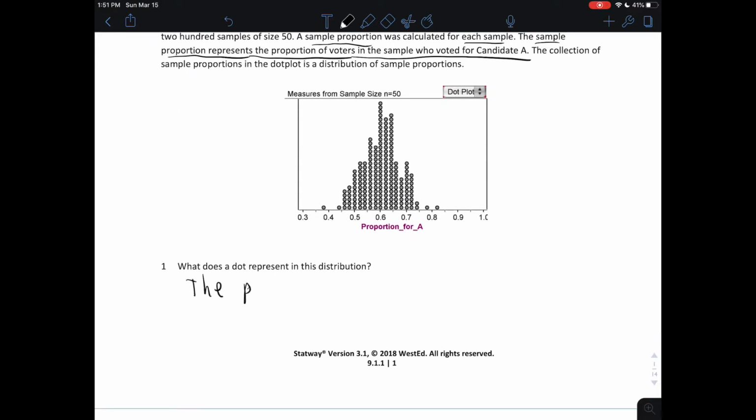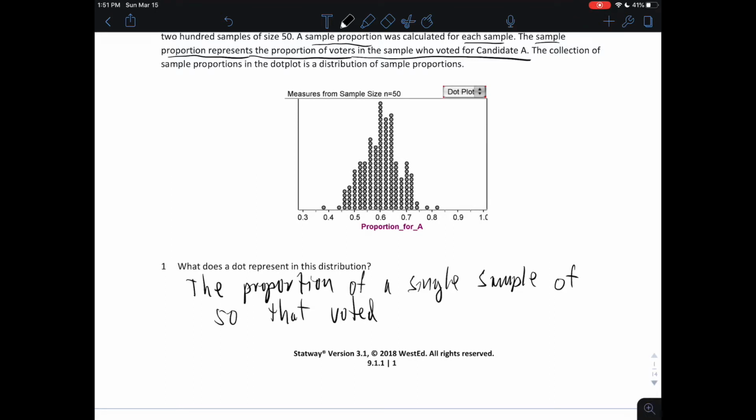The proportion of a single sample of 50 that voted for candidate A.